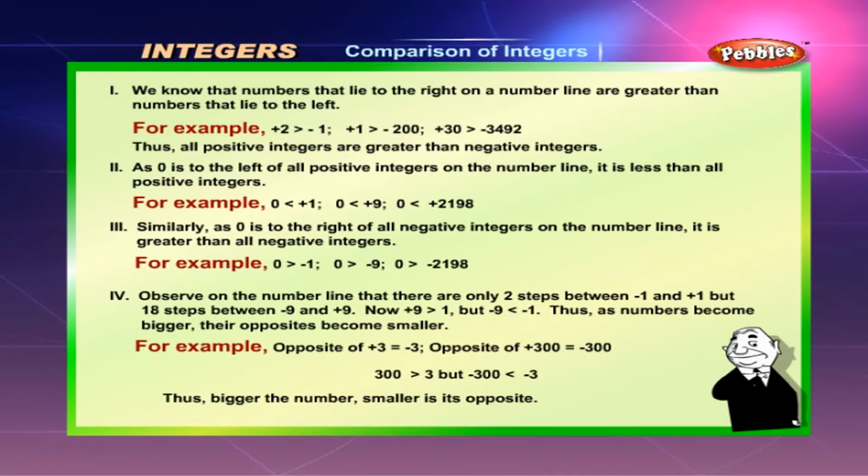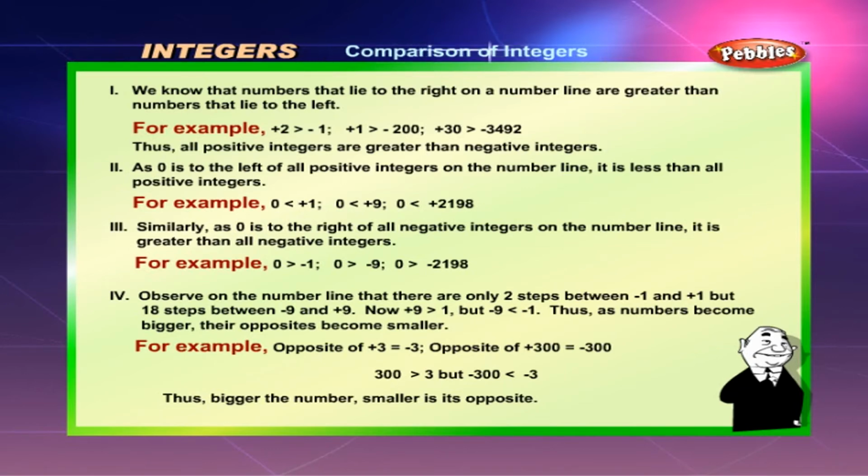Observe on the number line that there are only 2 steps between minus 1 and plus 1, but 18 steps between minus 9 and plus 9. Now, plus 9 is greater than plus 1, but minus 9 is less than minus 1. Thus, as numbers become bigger, their opposites become smaller.